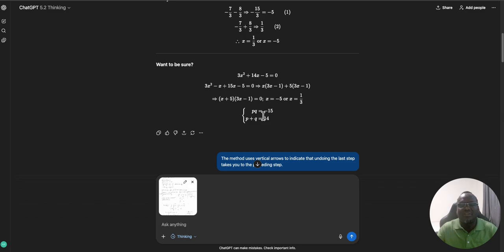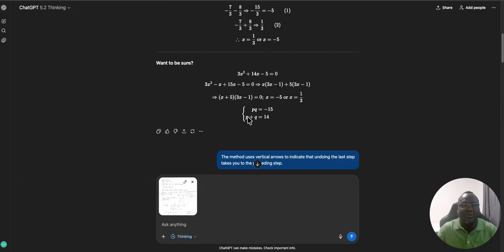So we want to find two integers such that when we multiply them, we get negative 15, 3 multiplied by negative 5, and when we add them, we get positive 14. So we know if we add negative x to 15x, we're going to get 14x. And then we have 5 here. That gives us this, and now we get the solution that we got up here.